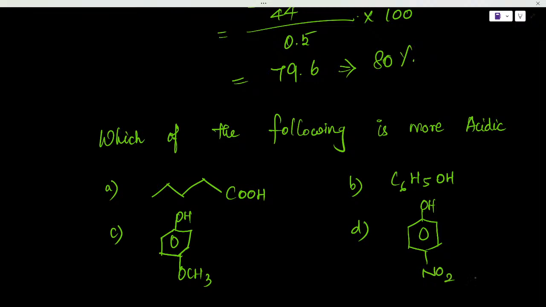Guys will get confused between this nitro group and the COOH group. The COOH group wins the match over the nitro group. So the answer to this question will become option A.